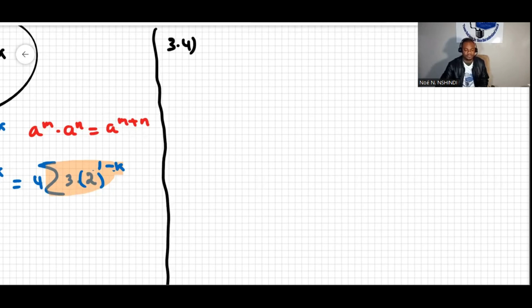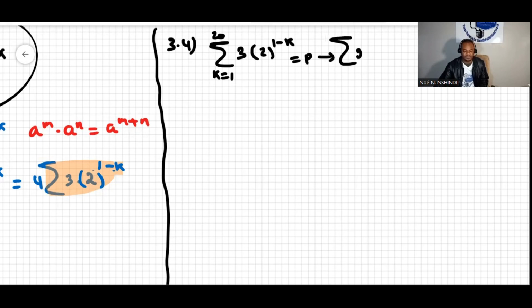I'm doing it in a different manner. This sum of 3 times 2 to the power of 1 minus k, k starting from 1 to 20, equals p, and also we need to find what it should be if it was 24 times 2 to the power of negative k, and then k starting from 1 to 20.